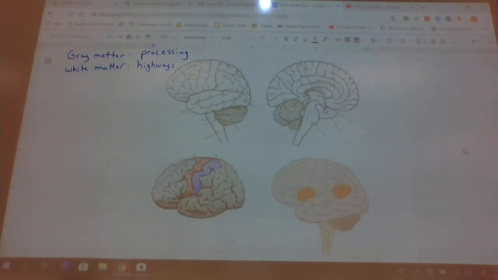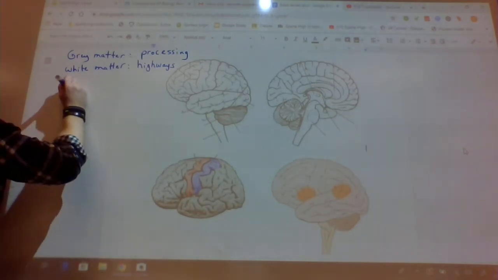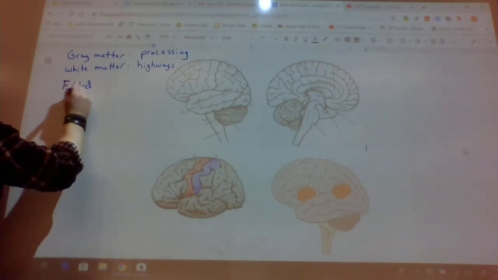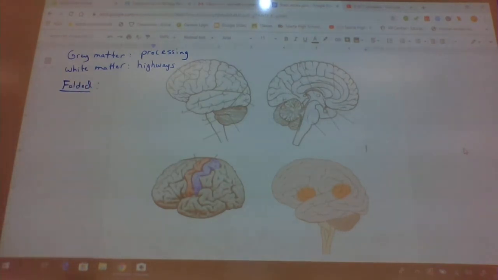When we are looking at the cerebrum, we said that the cerebrum is convoluted. In other words, the cerebrum is highly folded, right? And the reason why the cerebrum is folded is that it increases the total amount of what? Surface area, right?